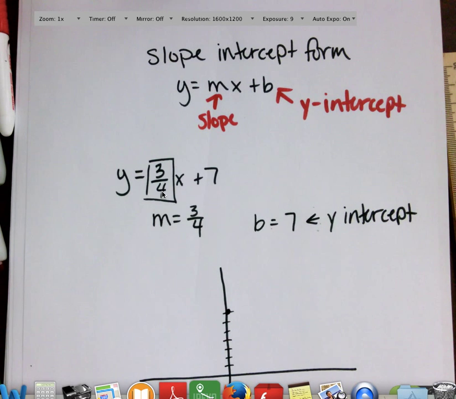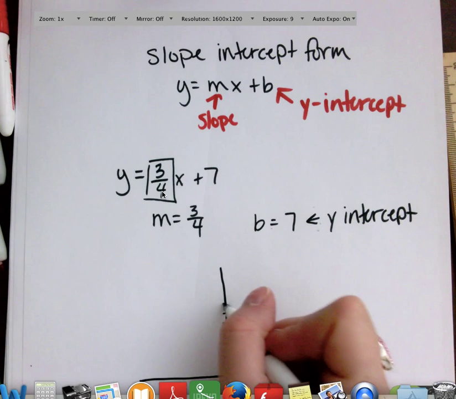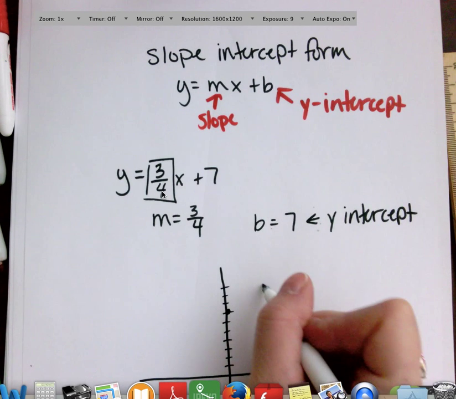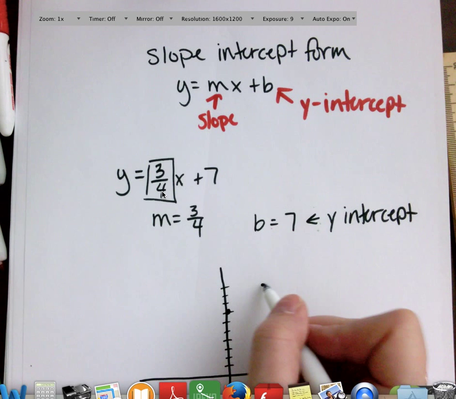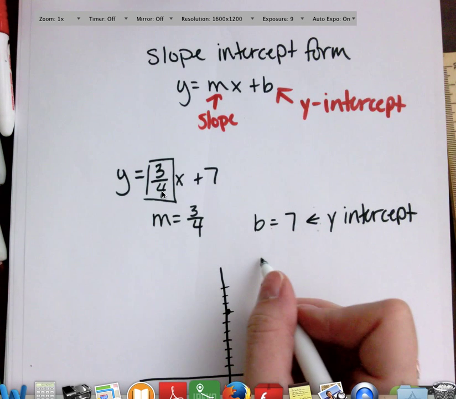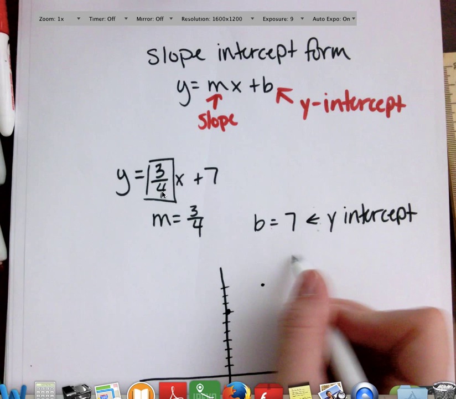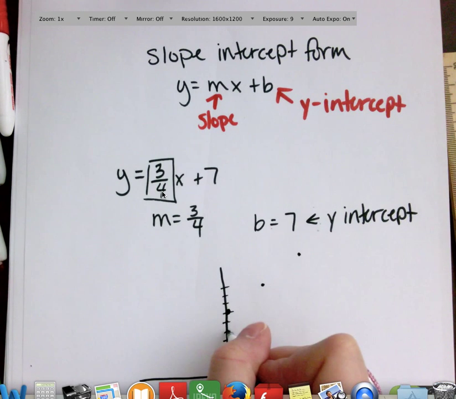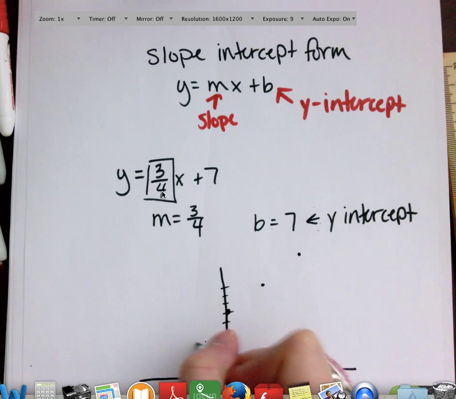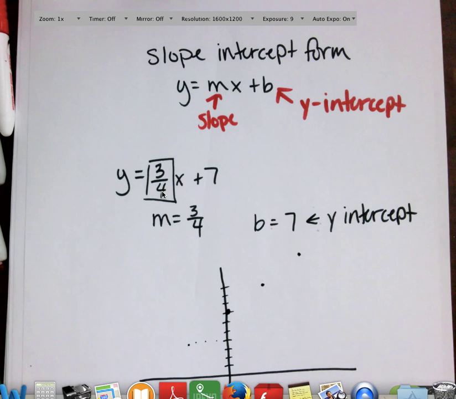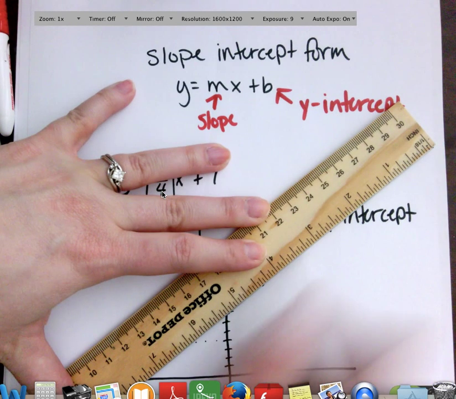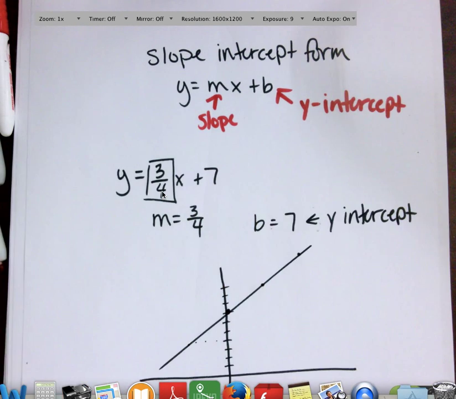Then I'm following my slope, and I go up 3 and over 4. And I go up 3 again and over 4. Okay, I could also go down 3 and to the left 4. And using a straight edge, this would be my line for this equation.